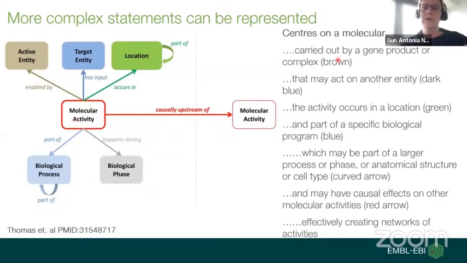So you have a molecular activity that's carried out by a gene product that acts on a different entity, occurring in a location and part of a specific biological program, which could be part of a larger program or process, or for example, part of a certain cell type. So when you string several of these together, you start ending up with a network of different activities.